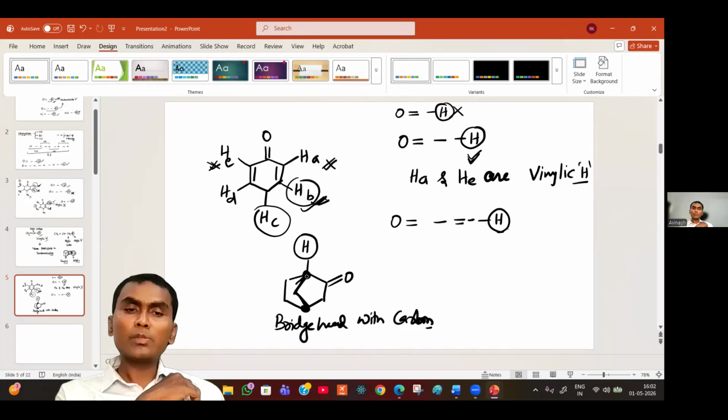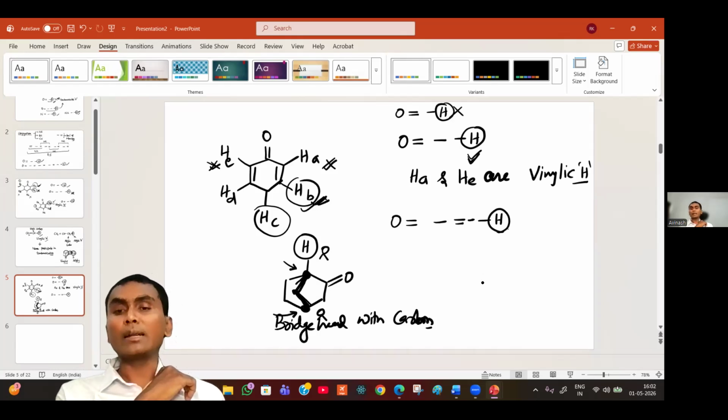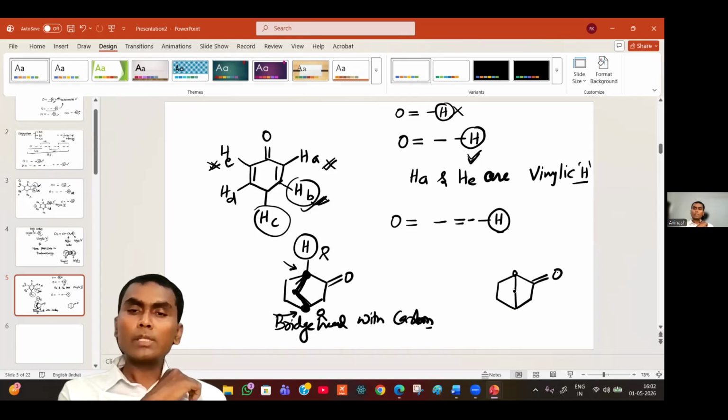Here we can move from this path, so it is called a bridge, and this point is the bridgehead. This one is a bridge, and this one is carbon, so it is called bridgehead with carbon. And here, this one, double bond O, this one is also a bridge. This is called bridgehead without carbon.